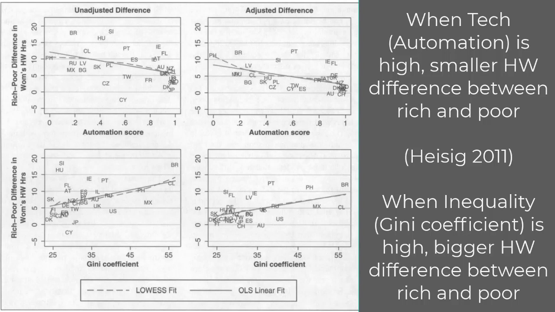Figure 1 here, which is from page 86 of Heisig 2011, shows support for both hypotheses. And Heisig then goes on to explain. I'm going to read this passage. On a general level, the findings remind us that gender inequalities are often conditioned by economic inequalities.